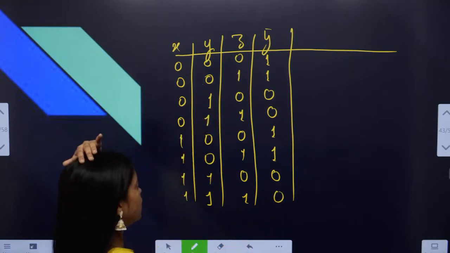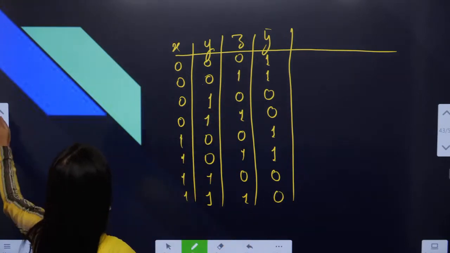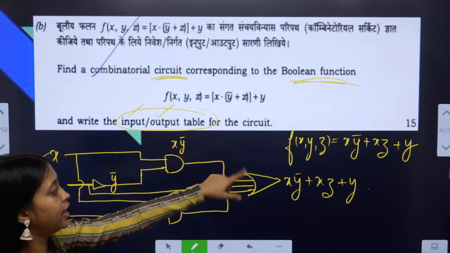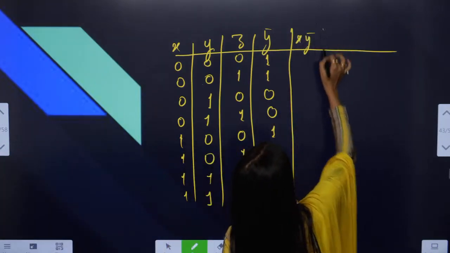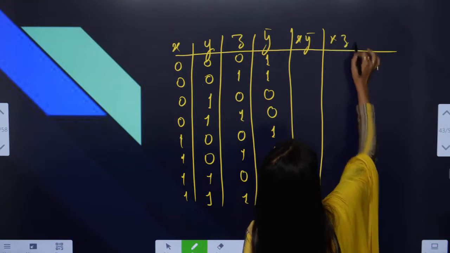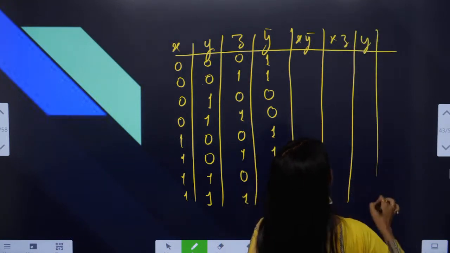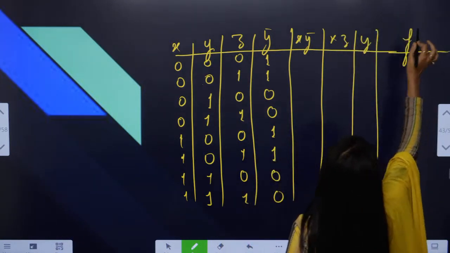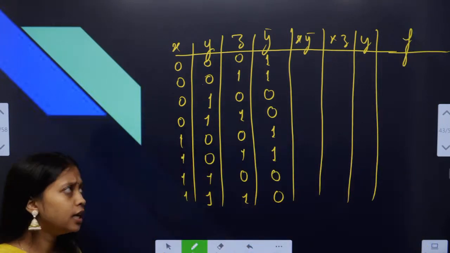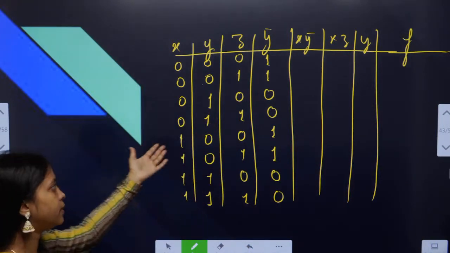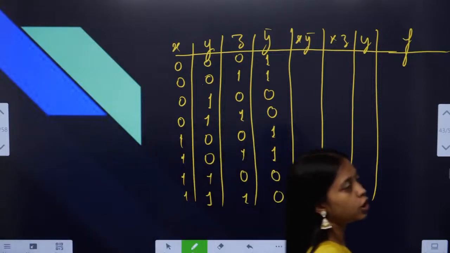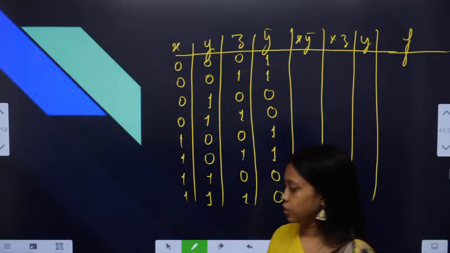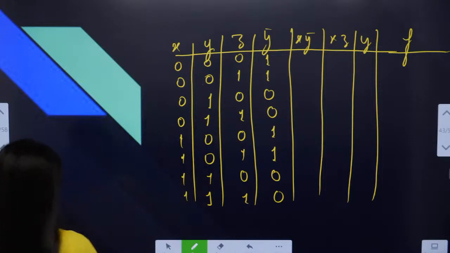This is y dash. Then you have to calculate x y dash and x z, x z, y, and at the end take the sum. Okay, complete this table. This is your second part of the question where they were asking you to make the input output table.